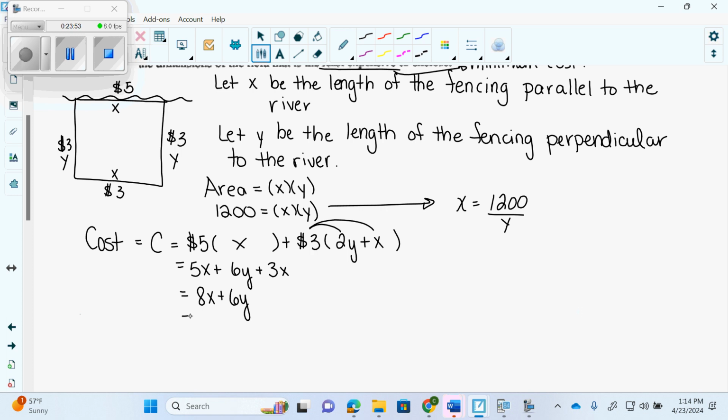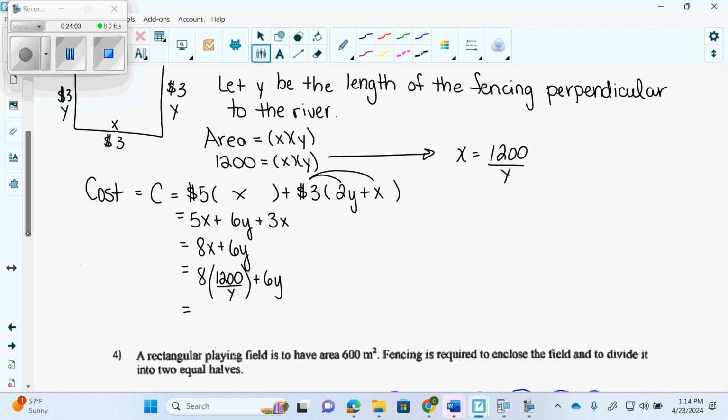So I'm going to get 8 times 1,200 over y plus 6y is my cost formula. What's 8 times 1,200? 9,600 over y plus 6y. 8's over 1. Write it over 1 so you don't distribute the 8 through.